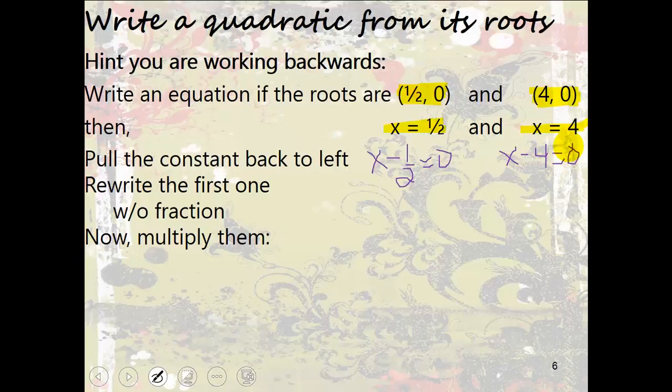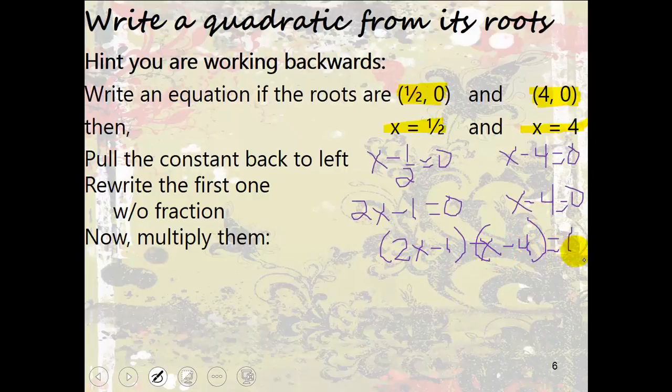Now instead of doing fractions, let's take this one and multiply everything by 2. So this says that 2x minus 1 equals 0. And then keep this one the same: x minus 4 equals 0. Now pull them together. (2x minus 1)(x minus 4) equals 0.